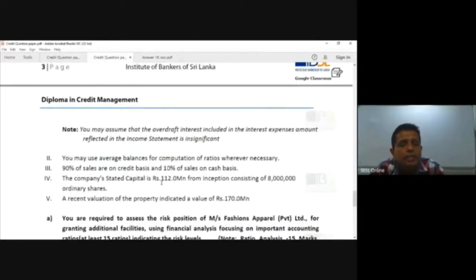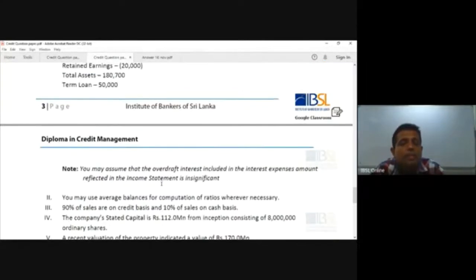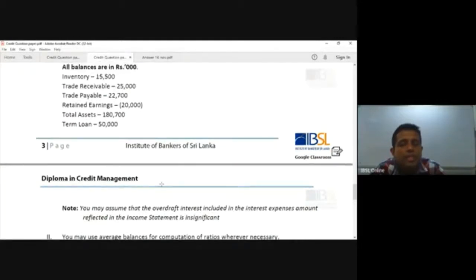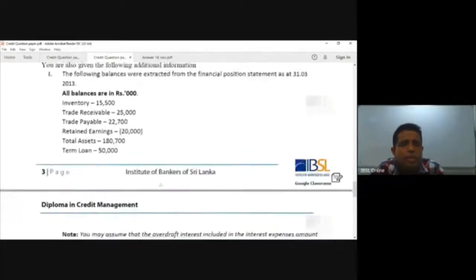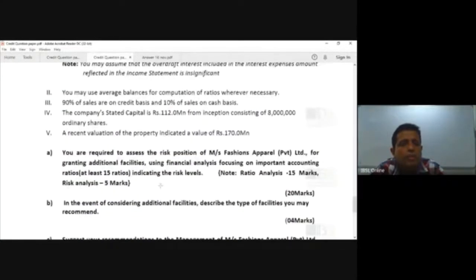Under note, you may assume that the overdraft interest included in the interest expenses amount reflected in the income statement is insignificant. Now, if you take the overdraft interest, that is very insignificant as per their understanding. Therefore, we need not worry about that much overdraft interest.